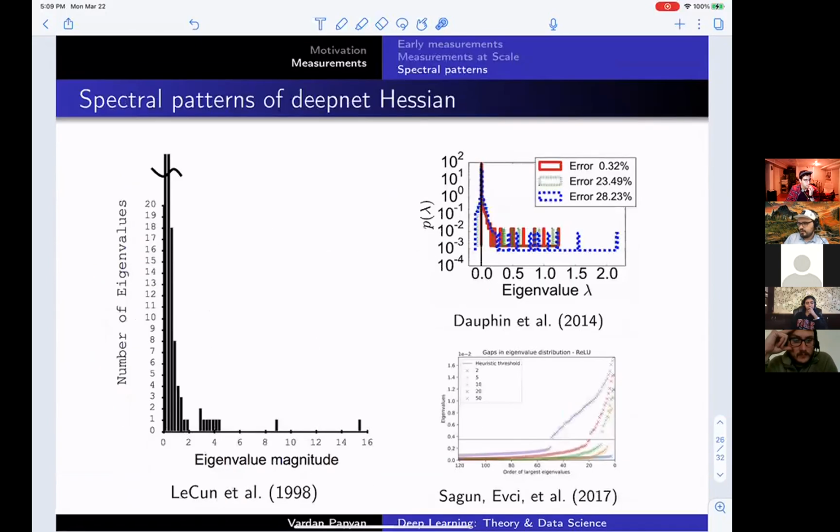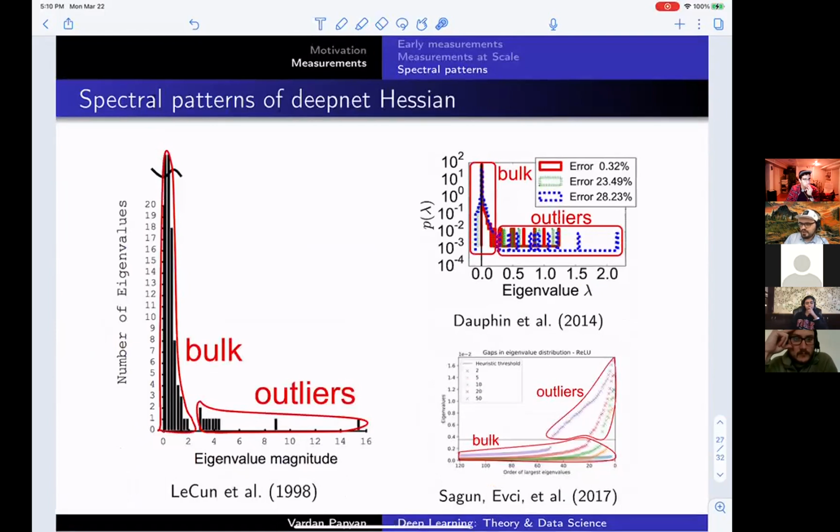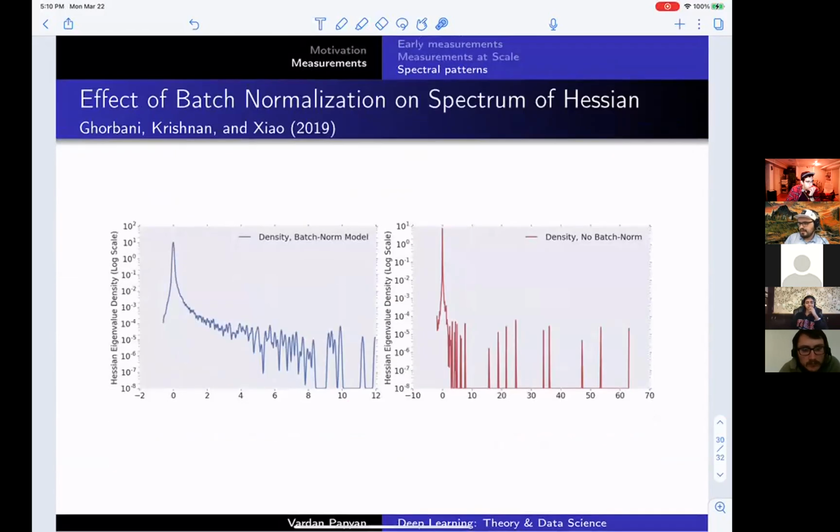What we've seen is that the Hessian in smaller models had this bulk and outlier structure, but also in larger models, there was a bulk and outlier structure. And in fact, one of the more interesting works was by Ghorbani et al., where they studied the effect of batch normalization on the spectrum of the Hessian.